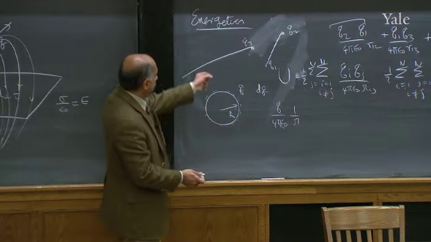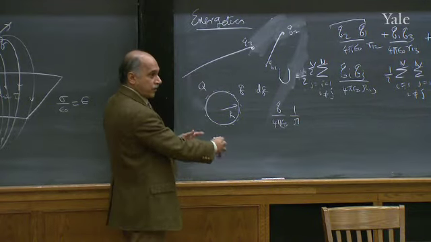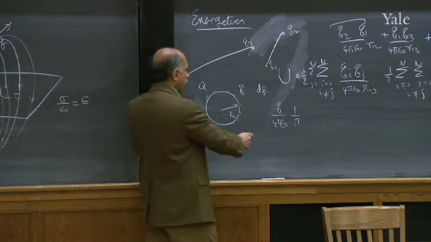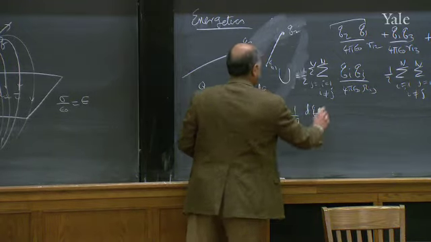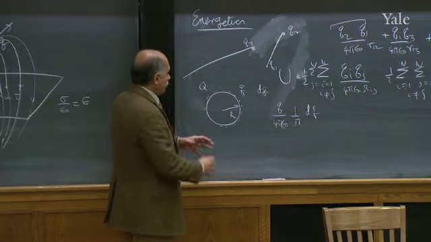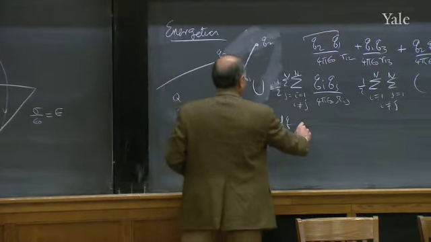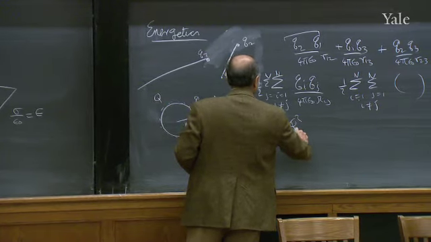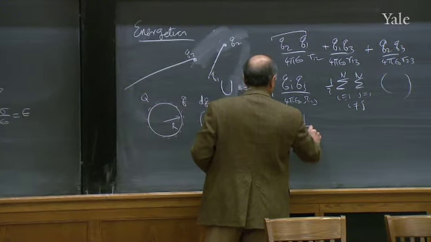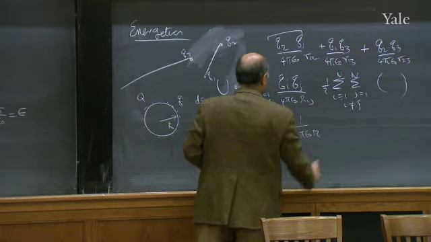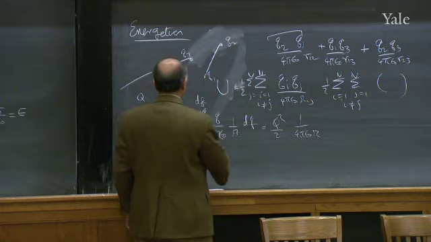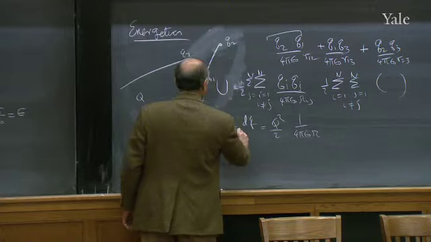And I'm trying to bring in a tiny more dq from all sides and smear it on this. The work for that will be that times dq. Then the total work I do when I go all the way from 0 to capital Q will be Q squared over 2 times 1 over 4 pi epsilon 0 R.